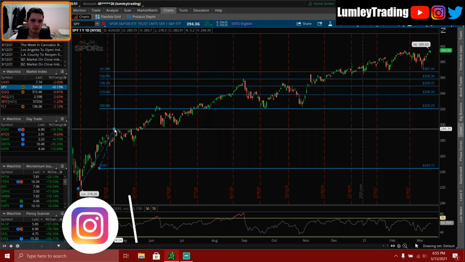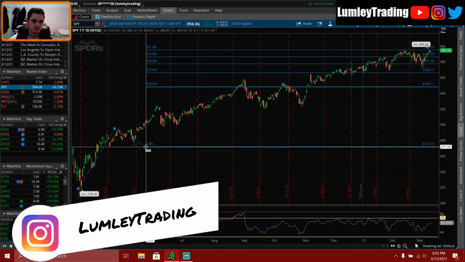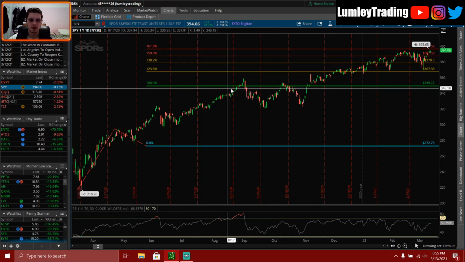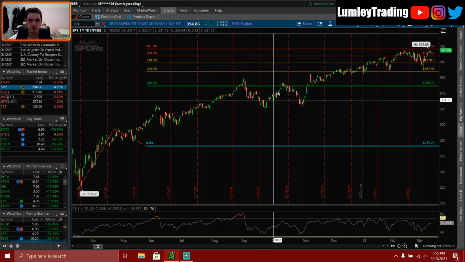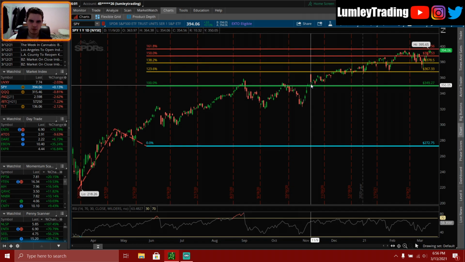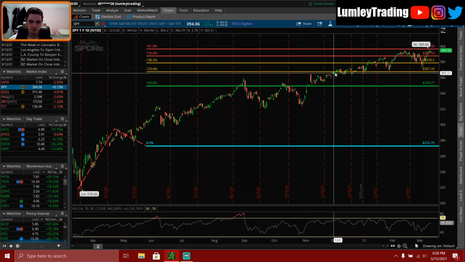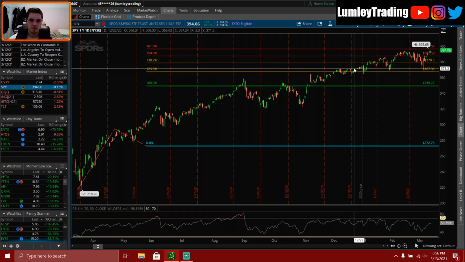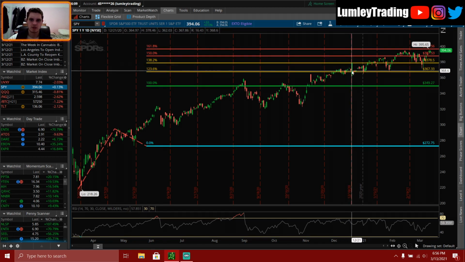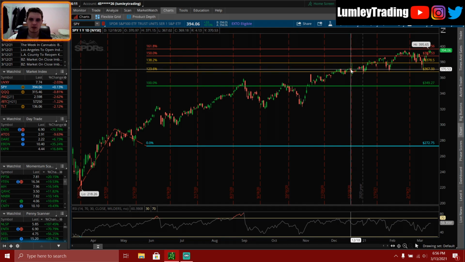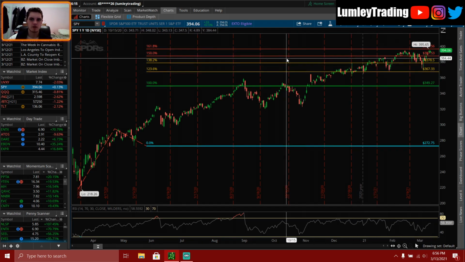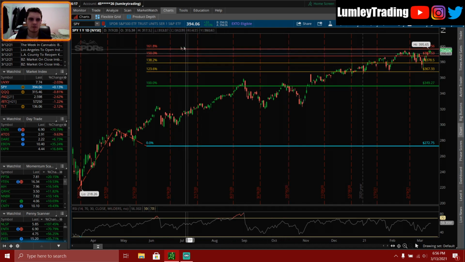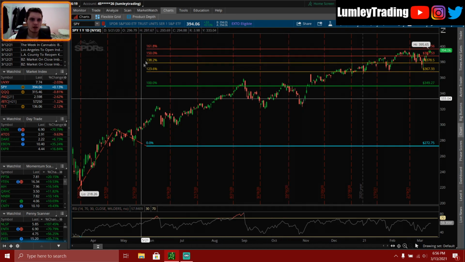So let's just say we were doing it on this one. You pull back to here, again come into the 100, a bit of hesitation, couldn't break up to the 123, instead faded down for a bit, tried it again, failed. This time broke through, tested it, successfully consolidated, but then broke through, tapped this 136 on this candle here, faded back down, still showed strength, and again faded up, faded up, faded up, and we're currently up around the 161.8.